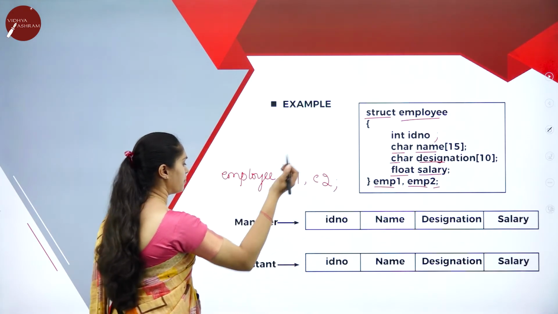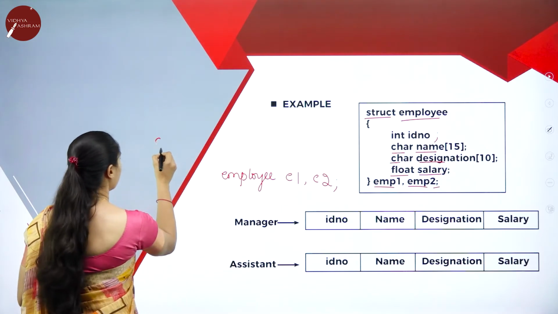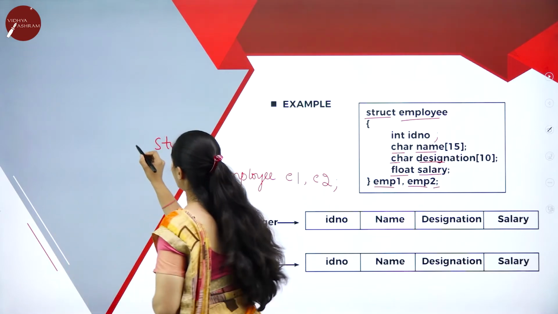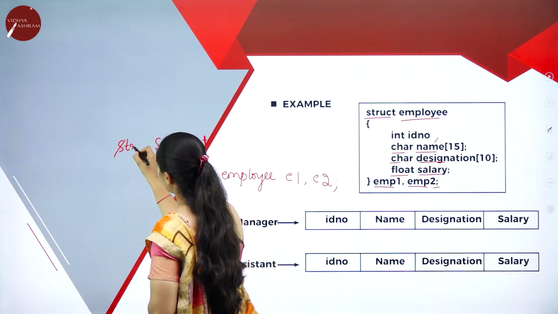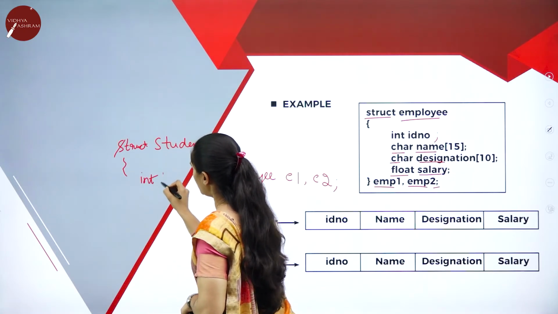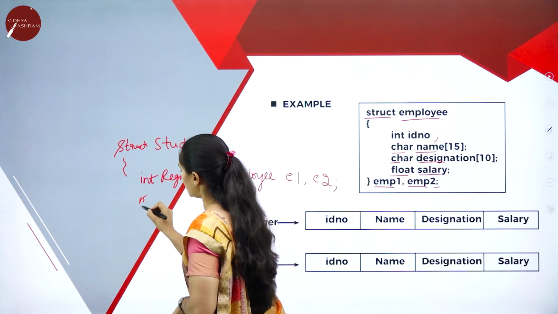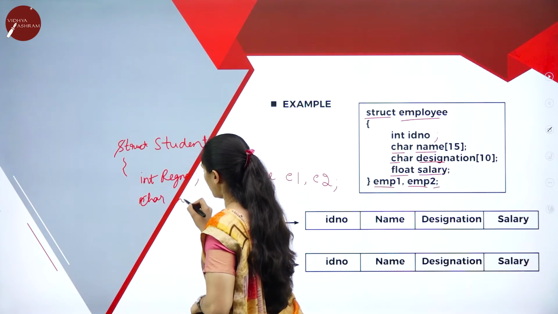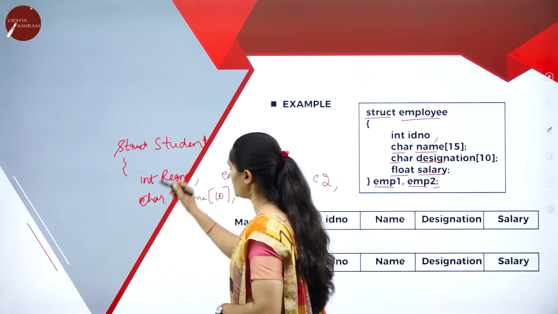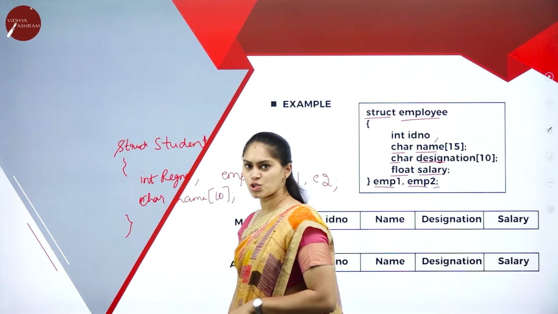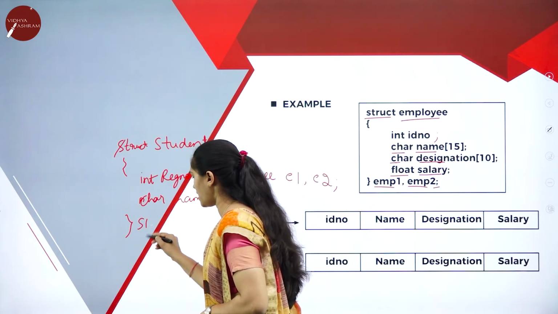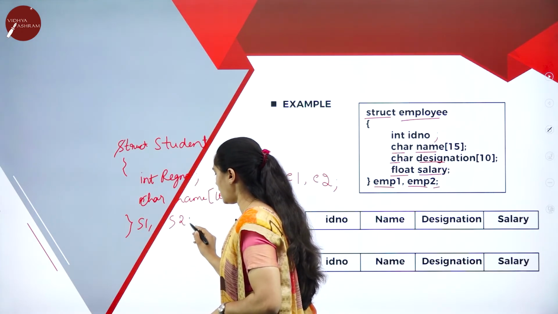So here let me take one more example. Consider student. Student is a structure. So struct is a keyword and student may comprise only one member, name, let me take, char name of 10. Okay, so this is the structure of a student. If I want to create variables of a student, here also I can write S1 comma S2 and at last a semicolon.